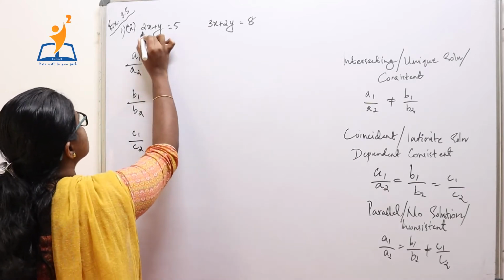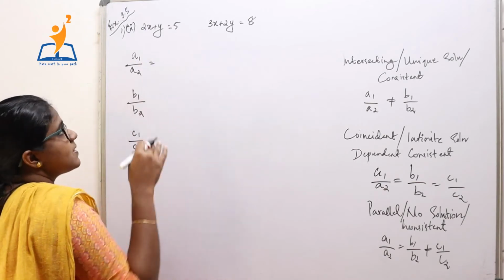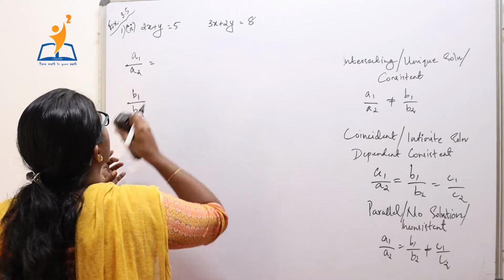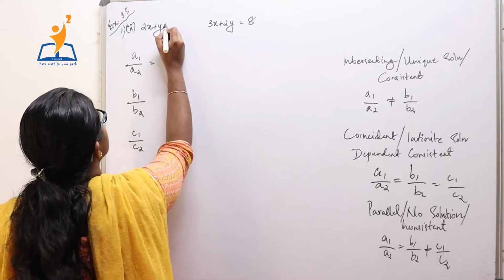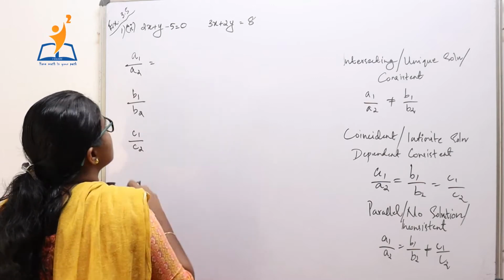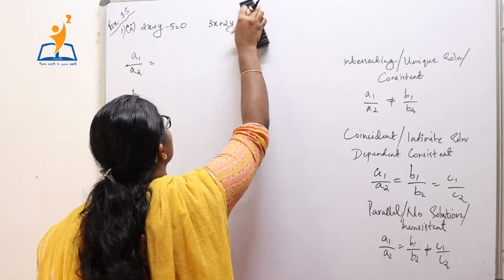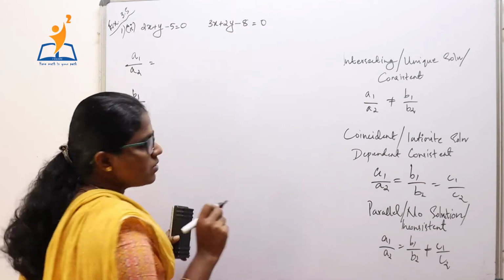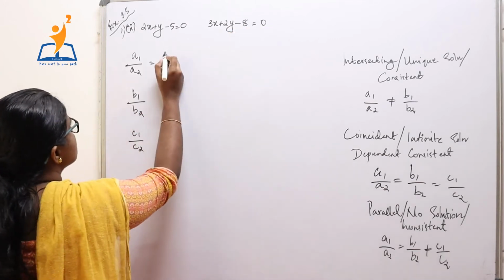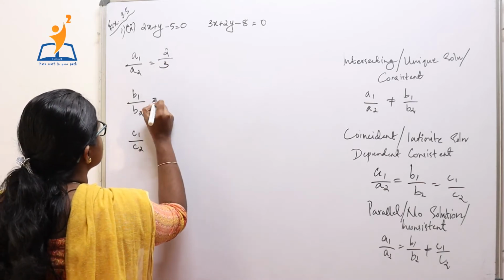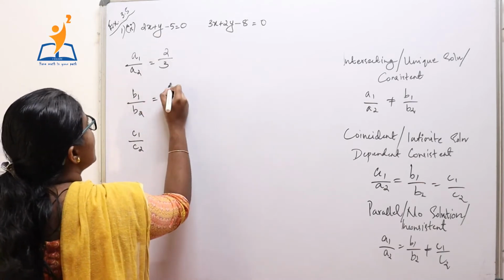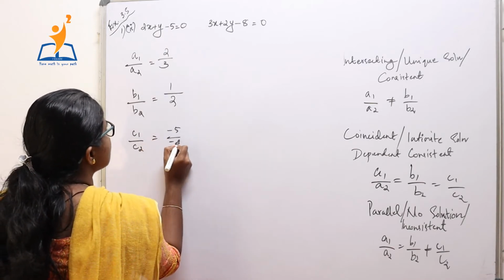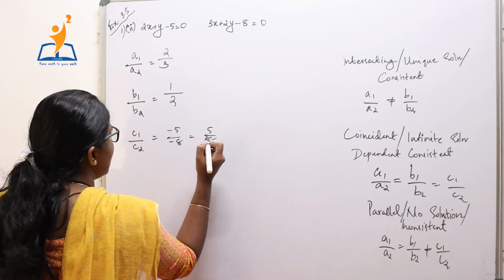First of all, we have to change these equations into the general form, that is 2x plus y equal to 5 becomes 2x plus y minus 5 equals to 0, and 3x plus 2y equal to 8 becomes 3x plus 2y minus 8 equals to 0. Now what is a1 by a2? 2 by 3. It is in the simplest form. What is b1 by b2? 1 by 2. What is c1 by c2? Minus 5 by minus 8, that is 5 by 8.